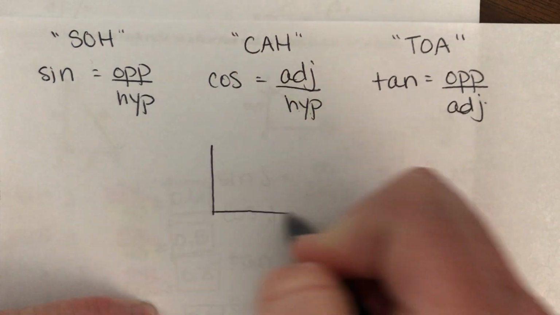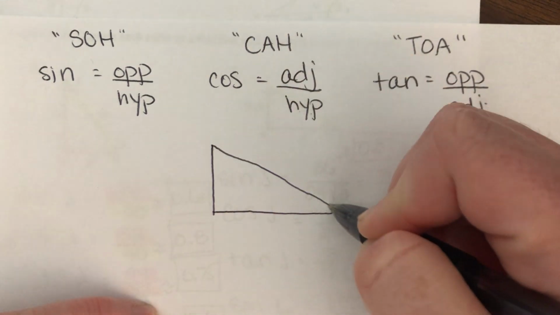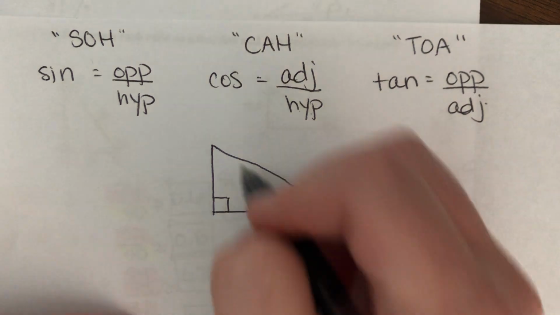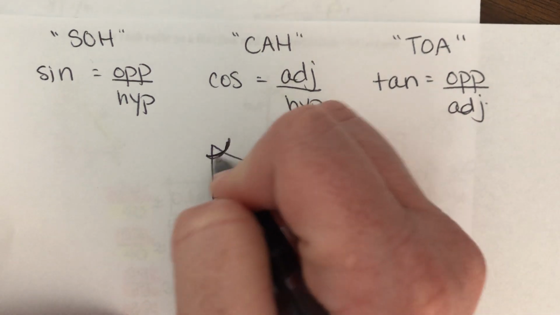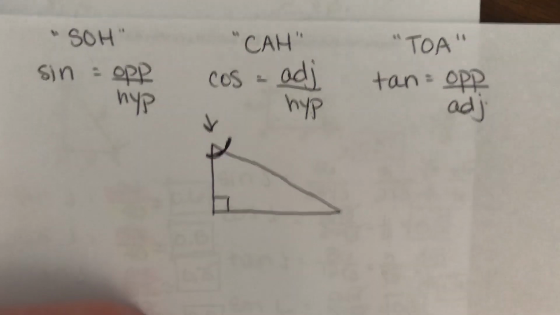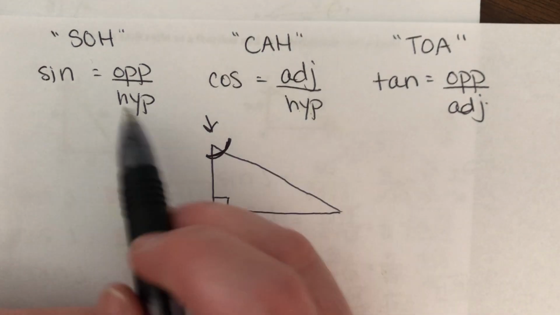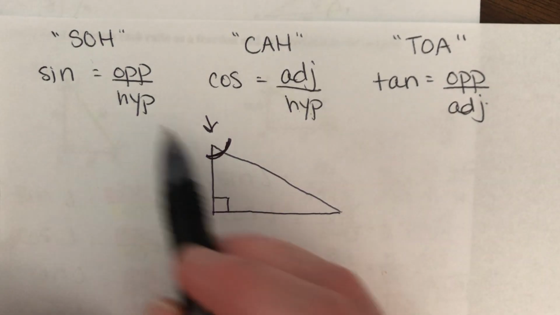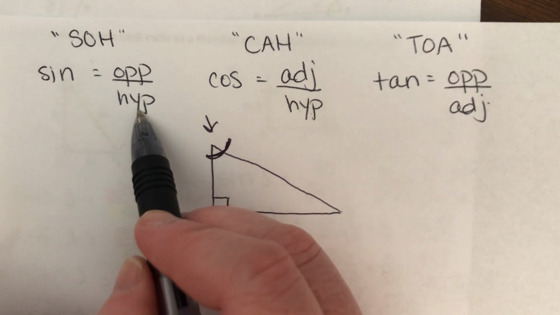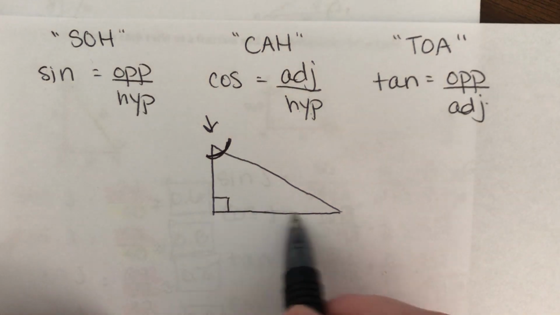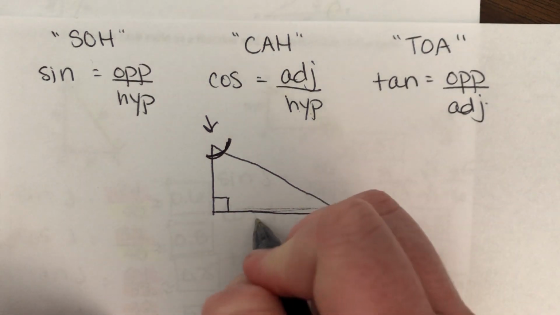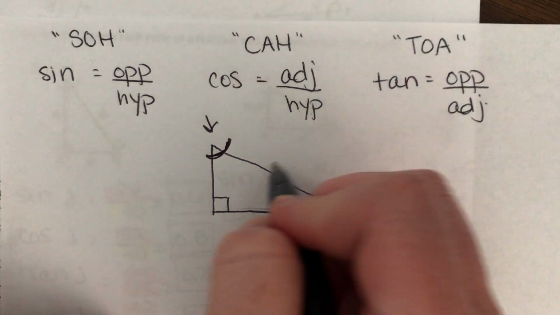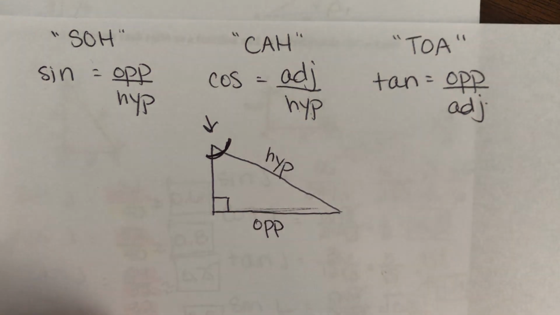So if I have a right triangle, this guy, and I am talking about this angle right here, and I want to find the sine of this angle. Sine is opposite over hypotenuse. So I would do this side, this is opposite, over this side, right?